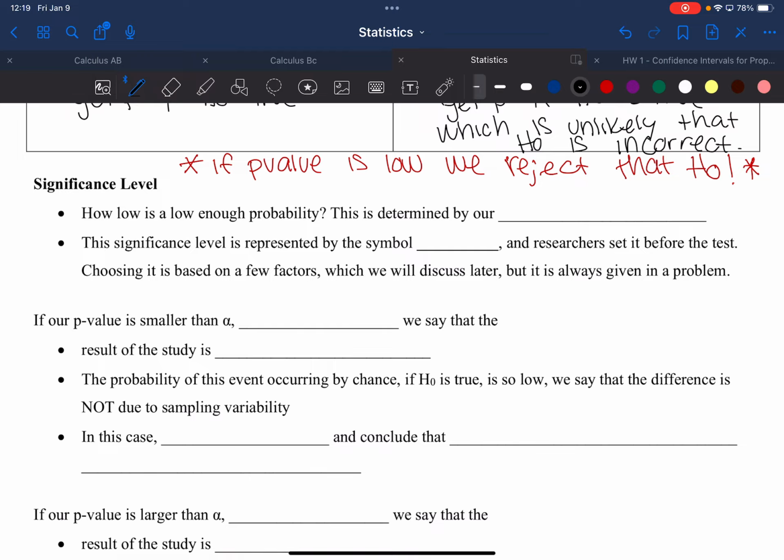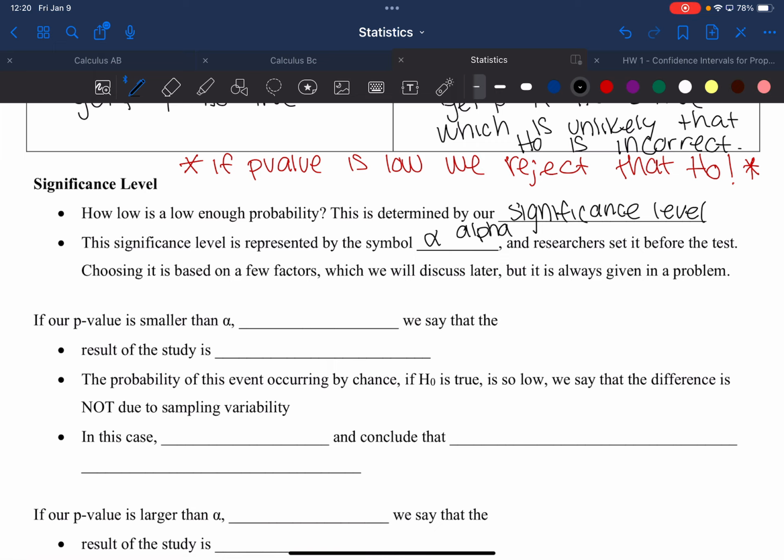Okay, so now we're on significance level. So we did significance tests, now we're doing significance level. It says, how low is a low enough probability? This is determined by our significance level. The significance level is represented by the symbol alpha, and researchers set it before the test.